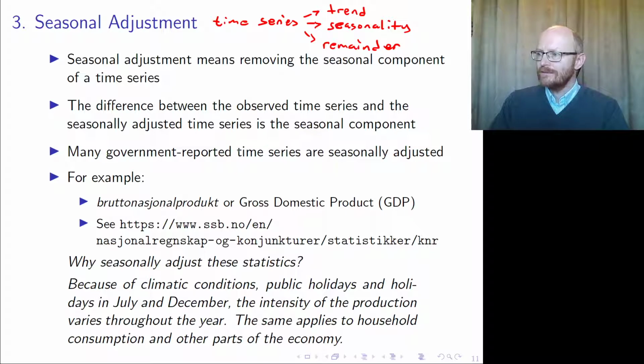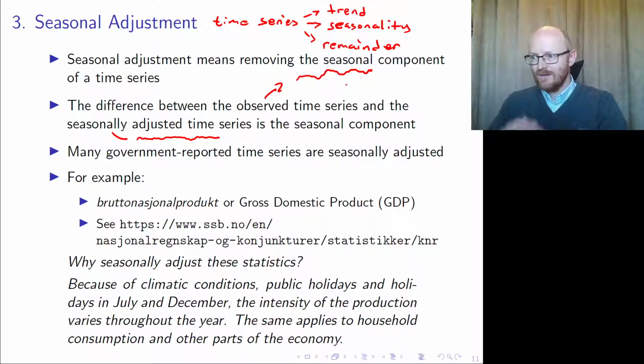So, for example, the difference between the observed time series, which is often like this, and the seasonally adjusted time series, which is often like this, with no regular ups and downs, would be the seasonal component.